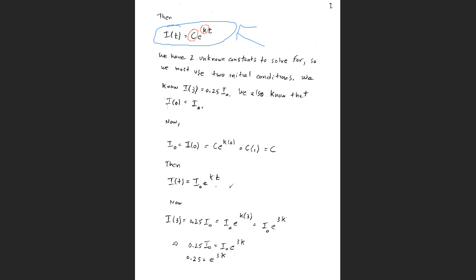So since we have 2 unknown constants to solve for, we have to make use of 2 initial conditions. And there actually are, because 3 feet down, the intensity of the beam is 25% the initial intensity, I sub 0, but we also know that I sub 0 is the initial intensity. So I sub 0 is equal to the intensity at time equals 0.